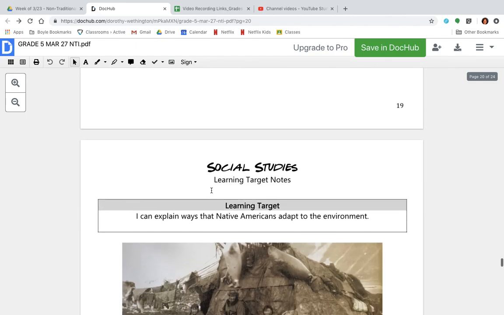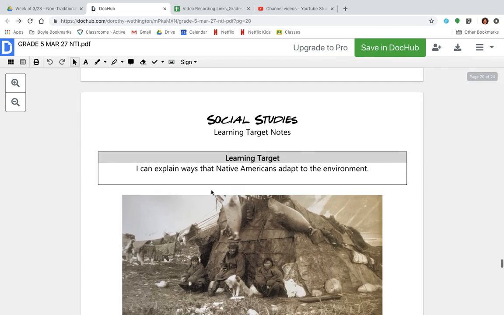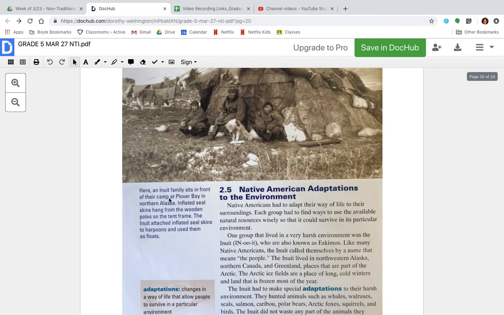Social Studies, Learning Target Notes. Learning Target. I can explain ways that Native Americans adapt to the environment. In this picture, here, an Inuit family sits in front of their camp at Plover Bay in northern Alaska.